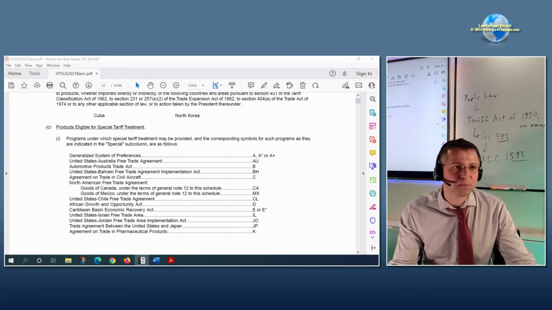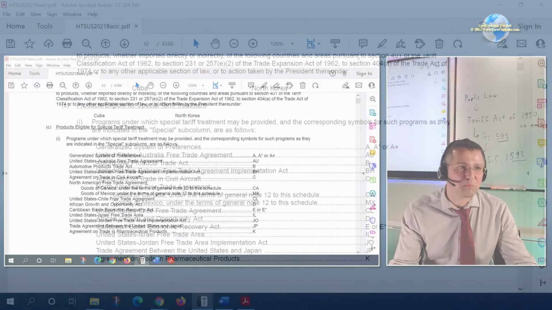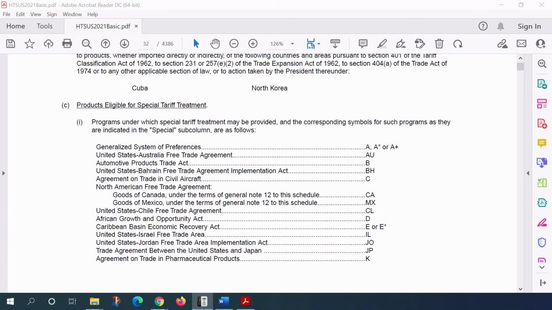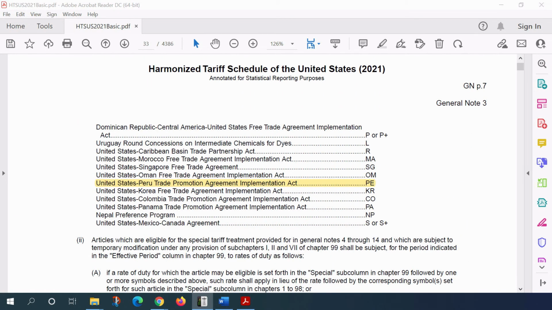Those SPI abbreviations are published in the current version of pages 30 to 33 of the HTS-US. In our case, it would be SPI PE, Special Product Indicator PE.